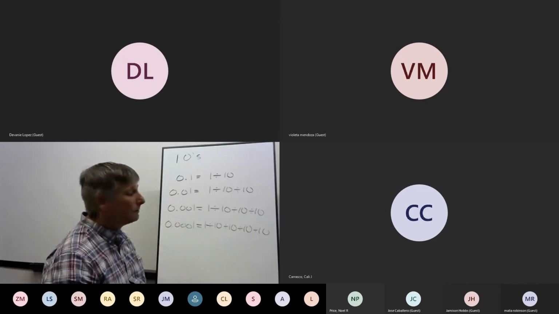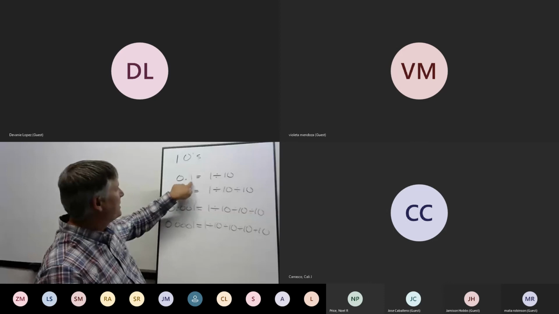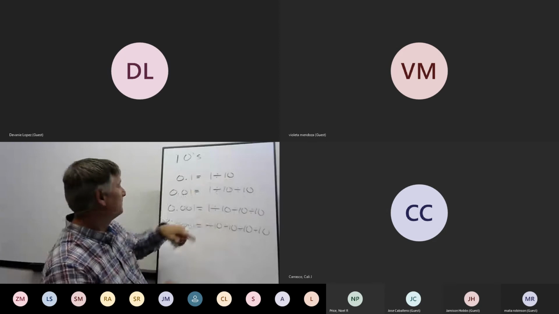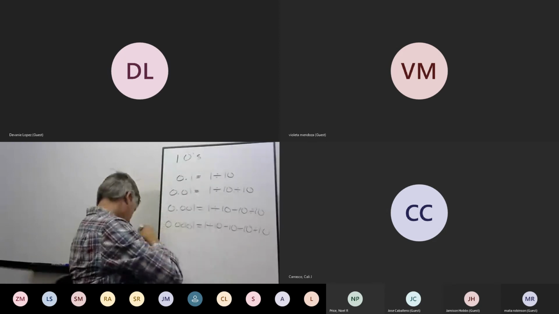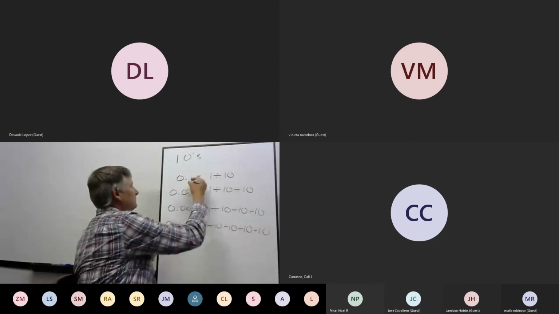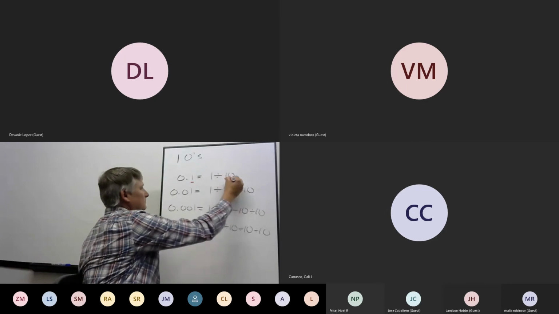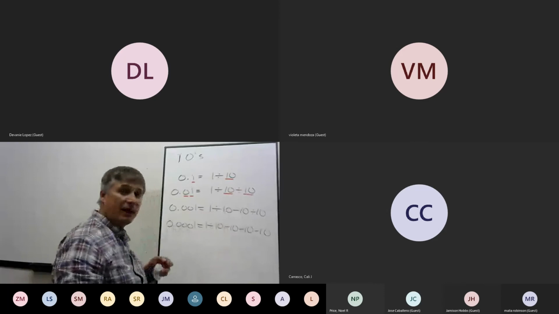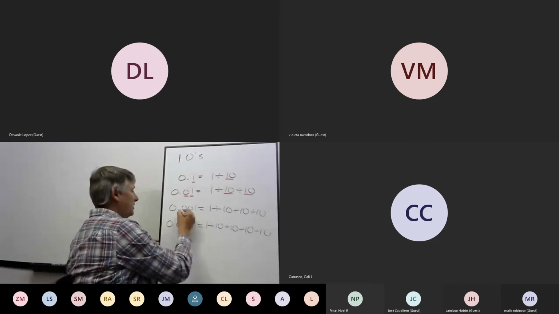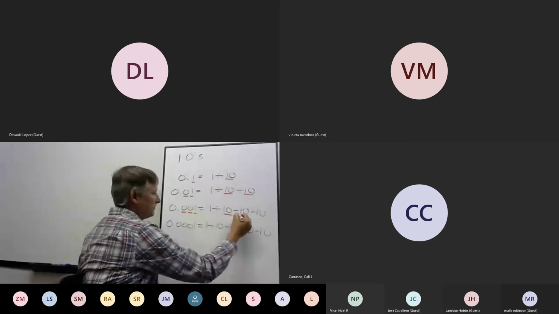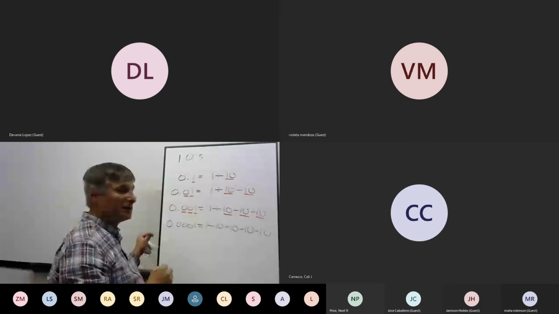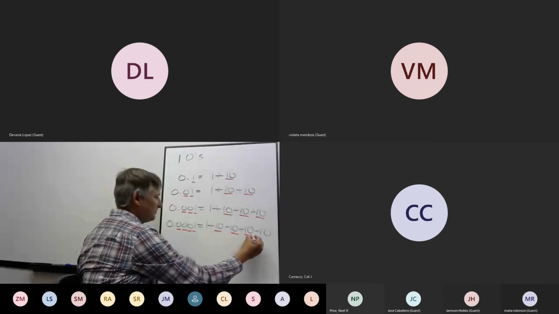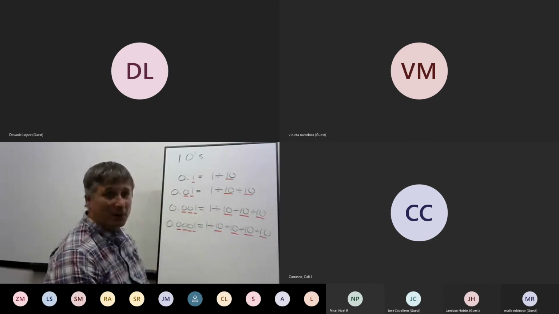Now there's a pattern here. 1 decimal place to the right of the decimal, 1 10. 2 decimal places, divide by 2 10s. 3 decimal places, divide by 3 10s. 4 decimal places, we divide by 4 10s.